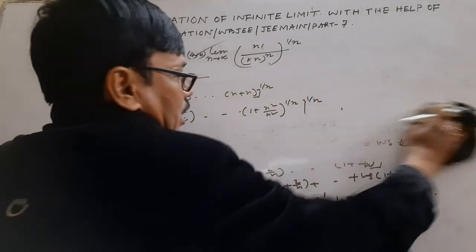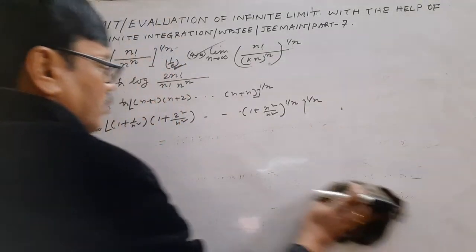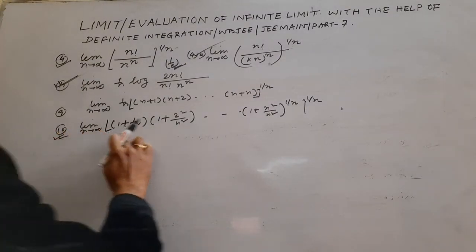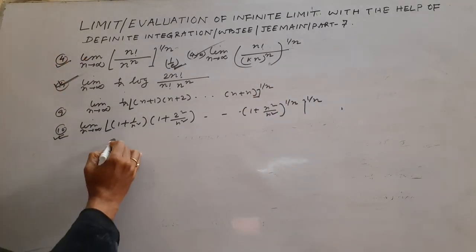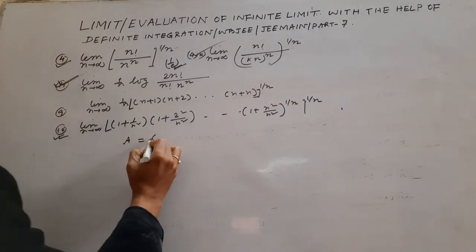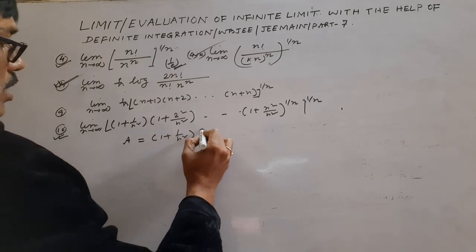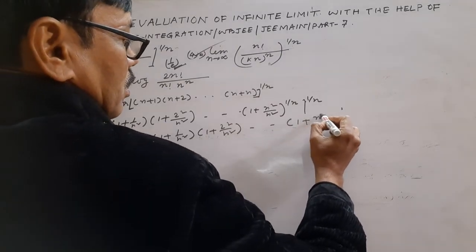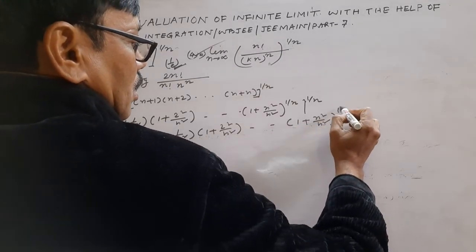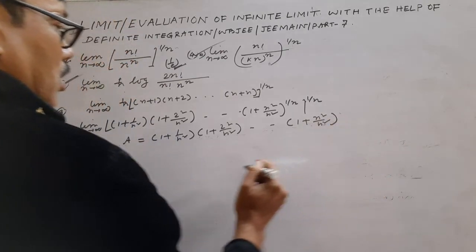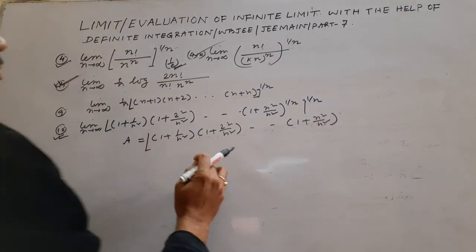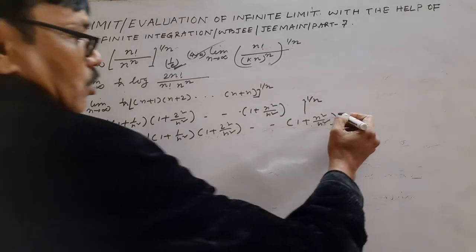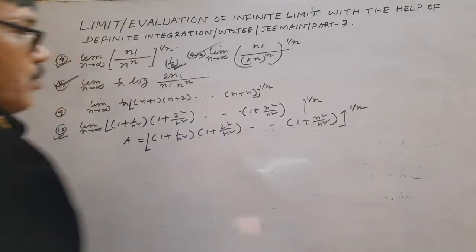Now 9 and 10 are exactly the same. Suppose problem number 10. Here they are given in product form. So suppose this equals A. If it is given in terms of A, we have to take log on both sides. This is 1 by n, and the total is 1 by n.